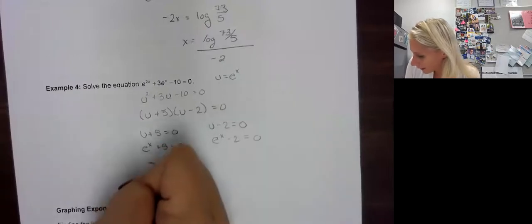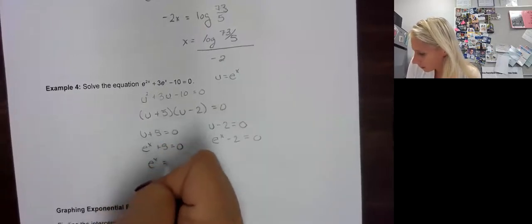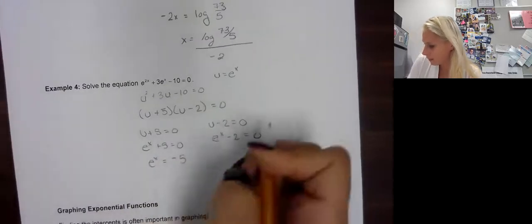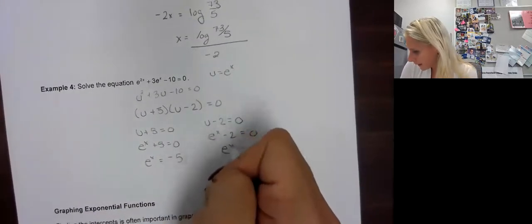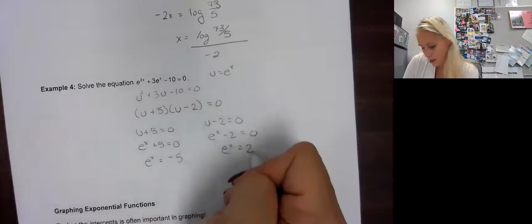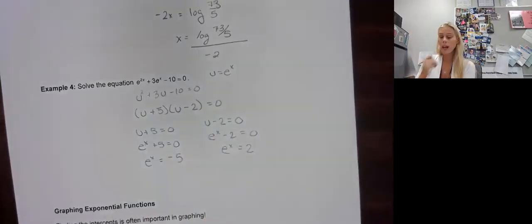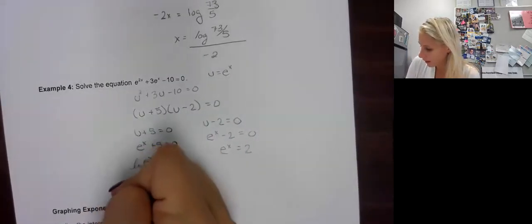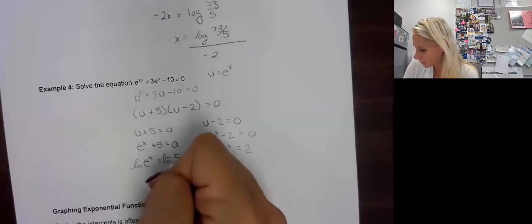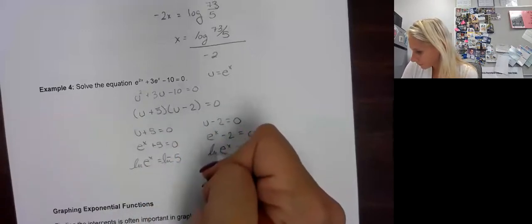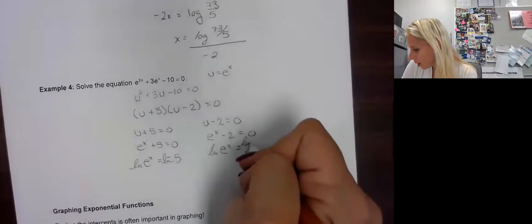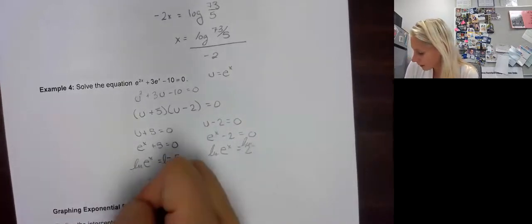Okay, so now I get e to the x equals negative 5. And on this side, I get e to the x equals 2. Well, how do we get rid of e to the x? ln, both sides. So I'm going to write this out, but I'm hoping you're coming up with the conclusion here.